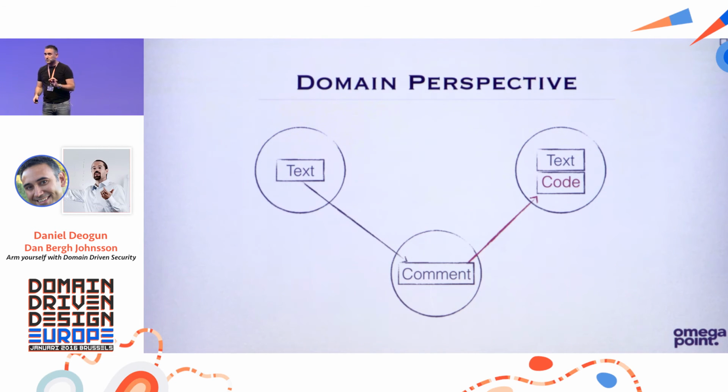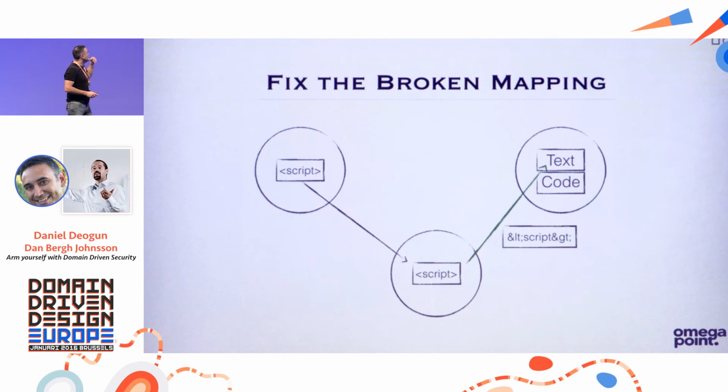Now, what really was the flaw here is that we have forgotten to do a proper mapping between these contexts. So what we should have done is that inside of the read context, we should have realized that, wait a minute, in this context we're going to model the comments as questions, for instance. And the data inside of that question needs to be escaped.